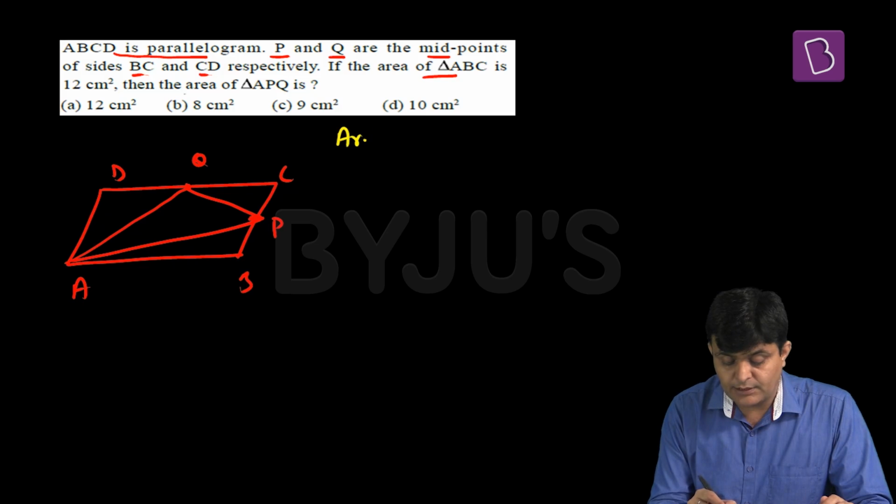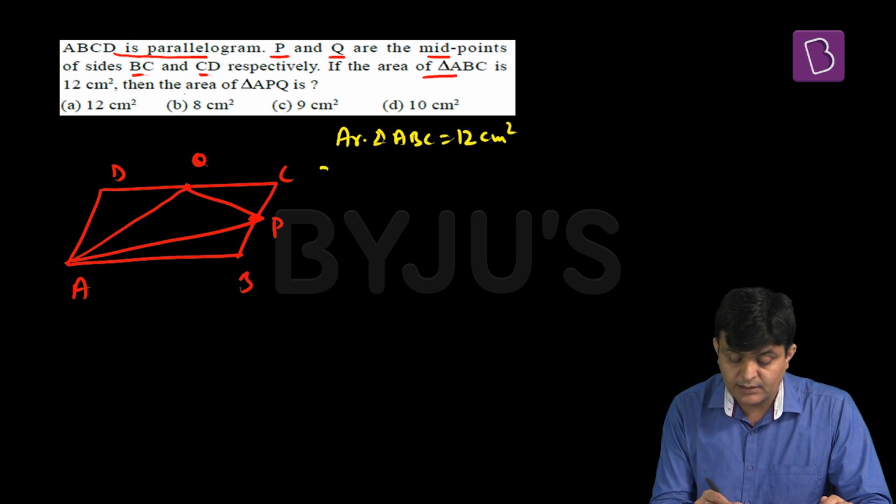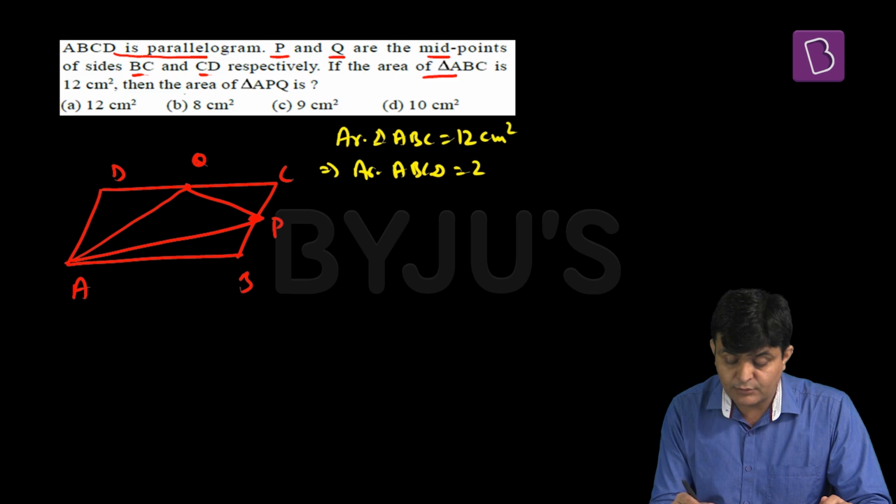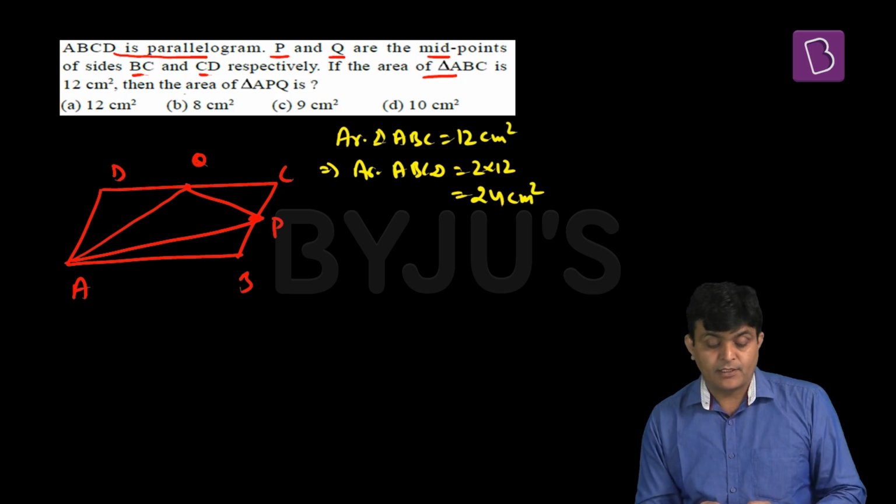Area of triangle ABC is 12 centimeter square. This implies area of ABCD is 2 into 12, that is 24 centimeter square, right?